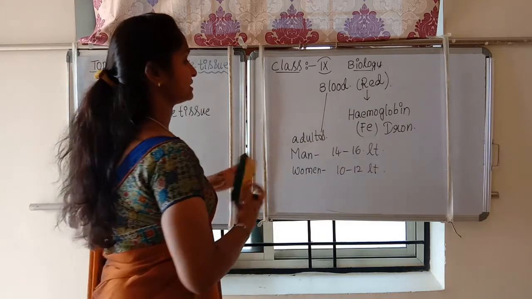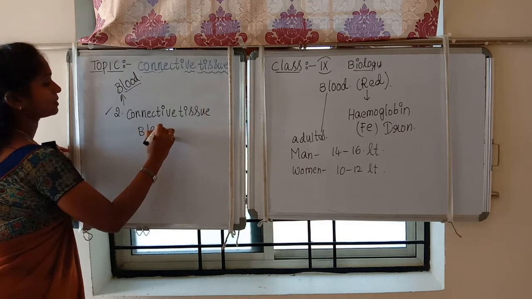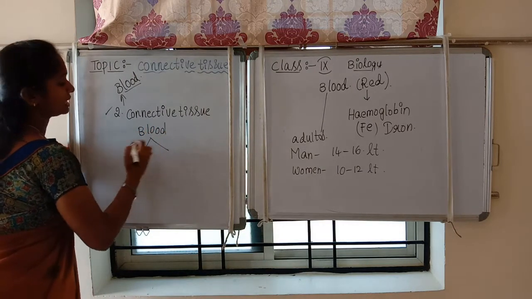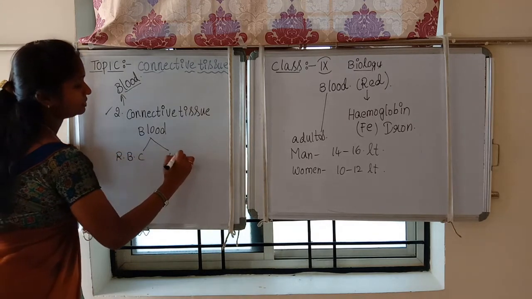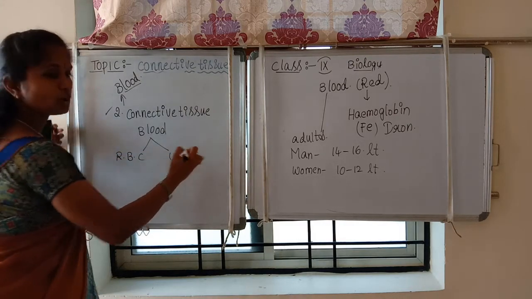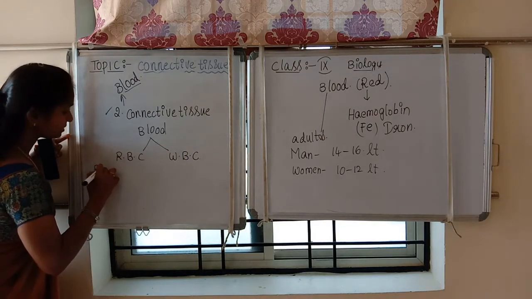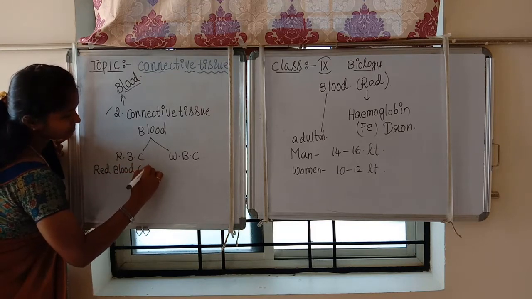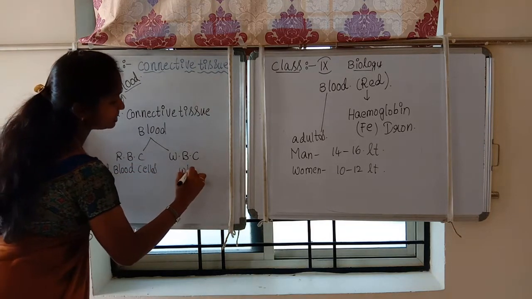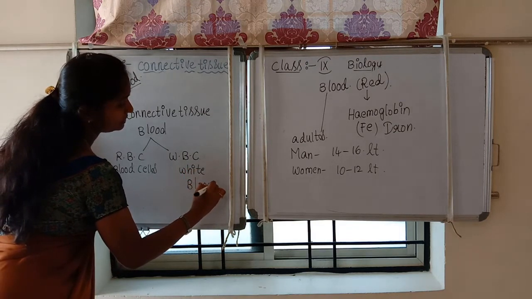And next, blood cells are of two types: RBC and WBC. RBC means red blood cells, WBC means white blood cells.